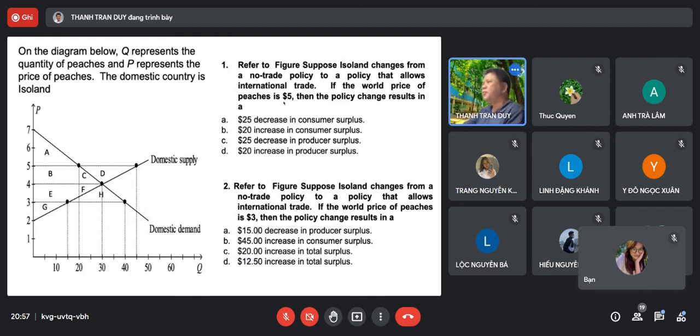The first questions refer to figures. Suppose Iceland changed from no trade to international trade. If the world price is $5, then this policy change will result in who gains, who loses.